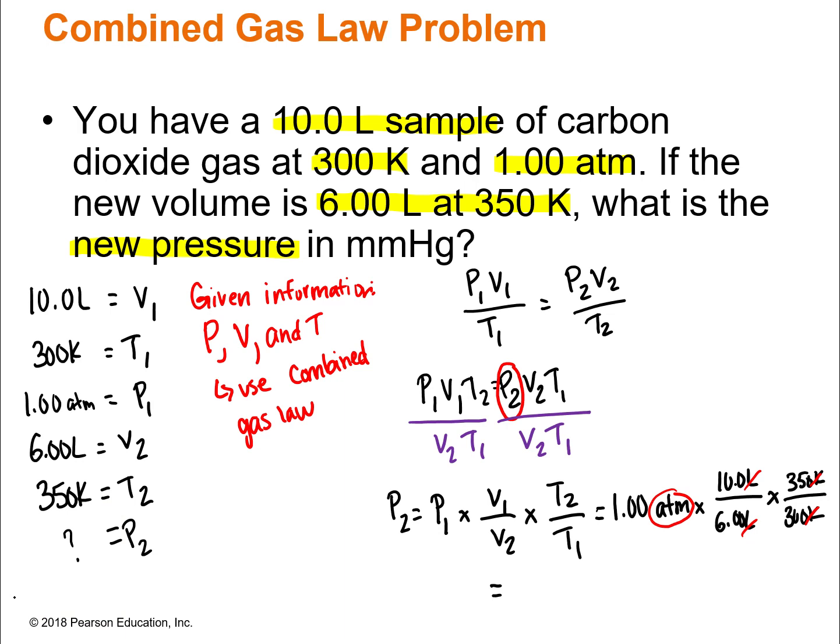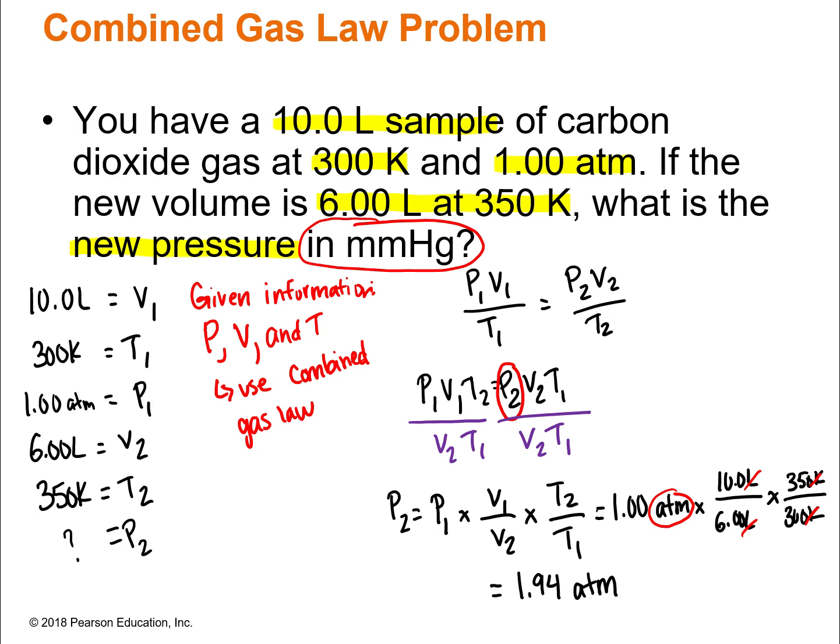You do all the math, and you get 1.94 atmospheres. Now, this is the correct answer. That's what the pressure would be. But the question is asking for the new pressure in millimeters of mercury. So if I put 1.94 into Mastering Chemistry, it would be wrong.